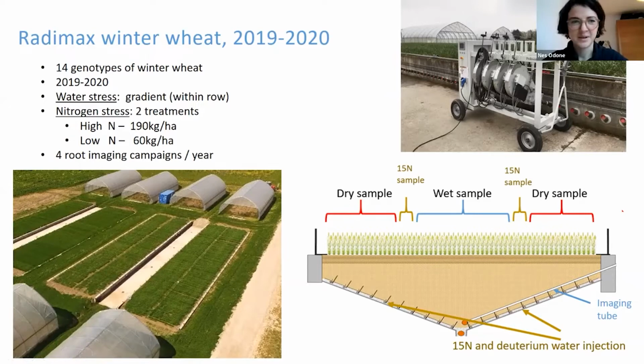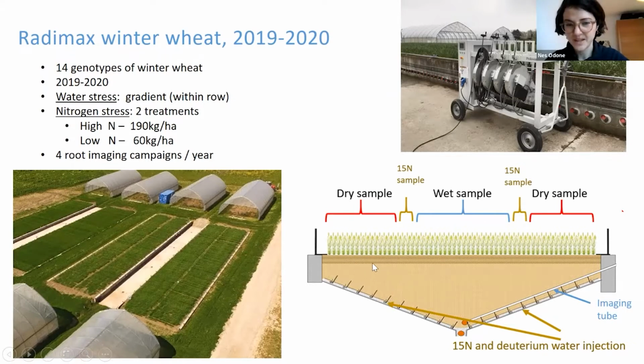And in this experiment, we had 14 genotypes of winter wheat in 2019 and 2020. And we were looking at combined water and nitrogen stresses. So down here on the right, you can see a cross-section of the facility. And we've imposed a water stress gradient within the row.